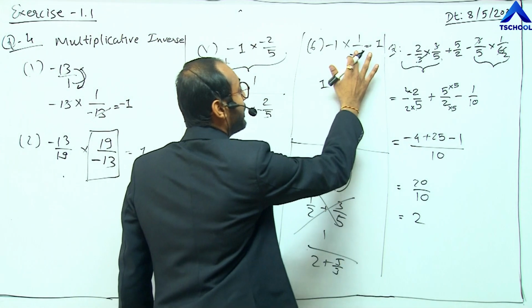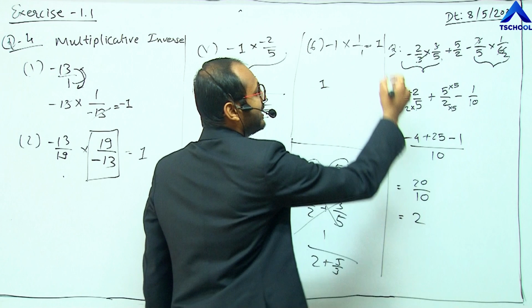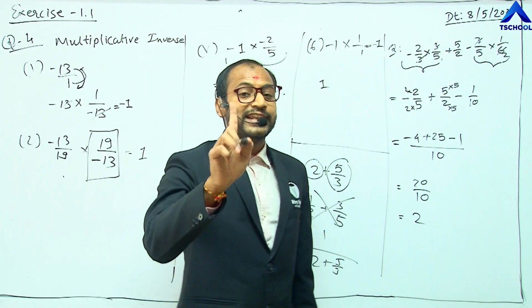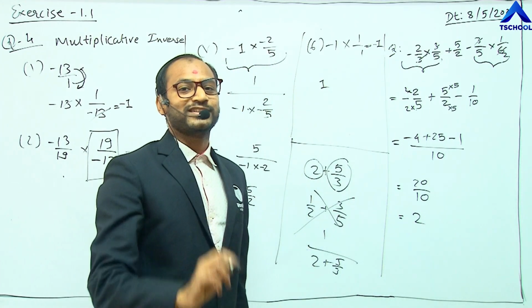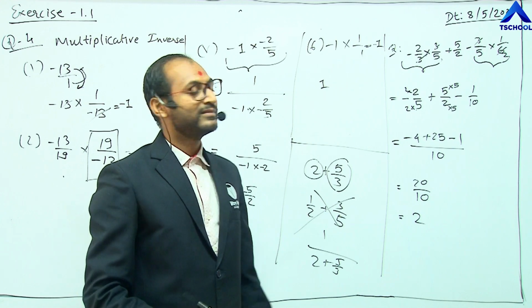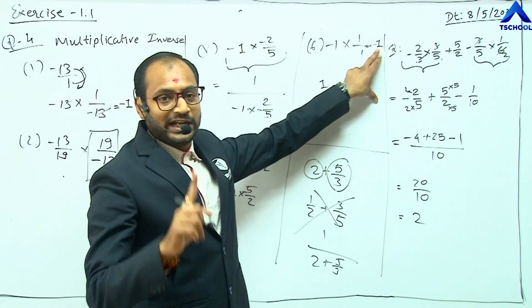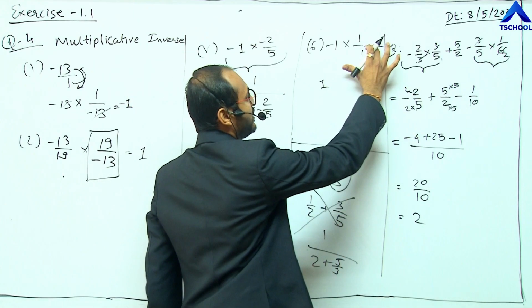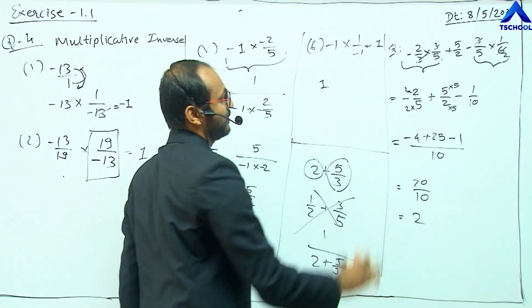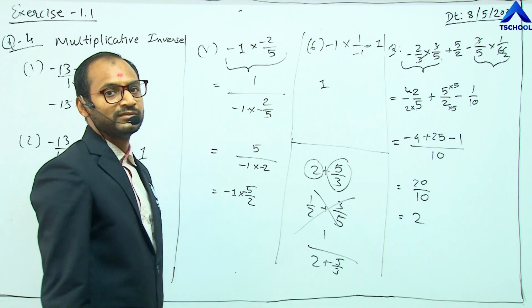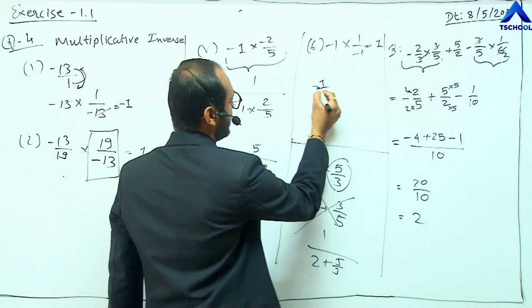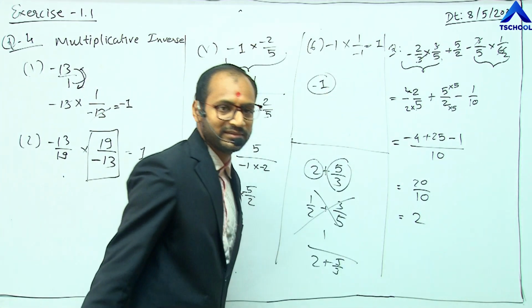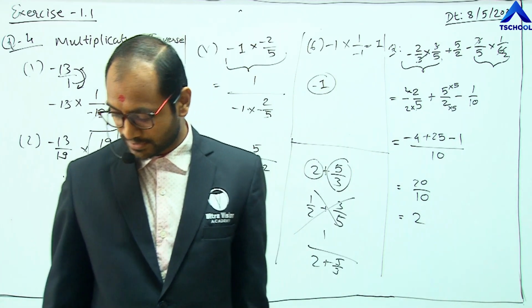If we put plus 1 instead of this, then we get the result minus 1. That is not the identity inverse. It is not the identity of multiplication. So the result should be minus 1. Clear? So our answer is the same number. The reciprocal of minus 1 is minus 1.